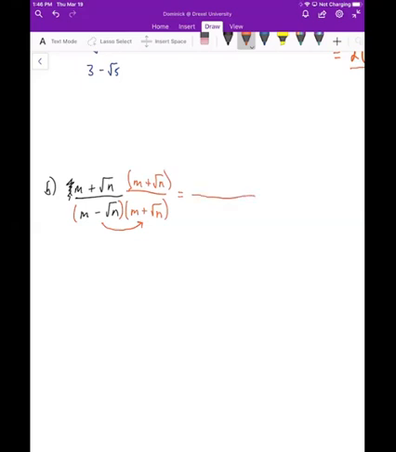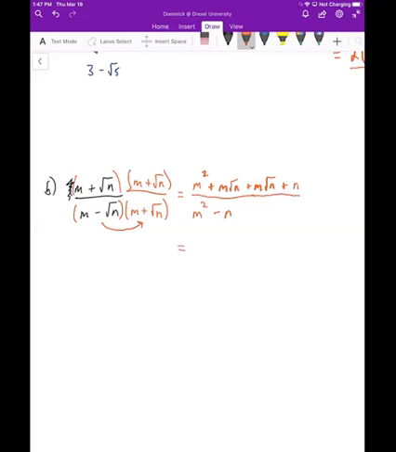But anyway, in the bottom, same thing is going to happen. We're going to get m times m, which is an m squared, right? And then the two middle terms will cancel out, and then we'll get a minus n when all is said and done. And then if we FOIL out the top, we get an m squared plus m square root of n, and we get a plus another m square root of n, and then plus square root of n times square root of n is just n.